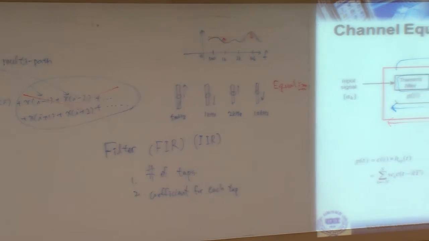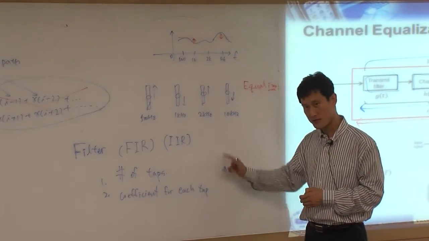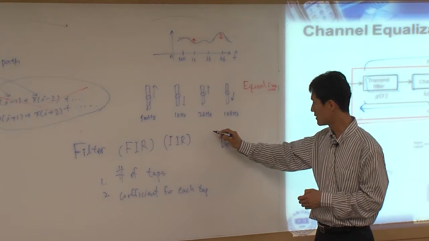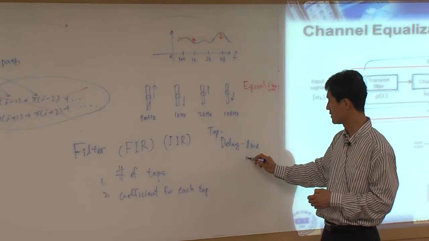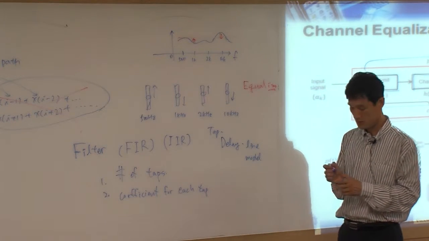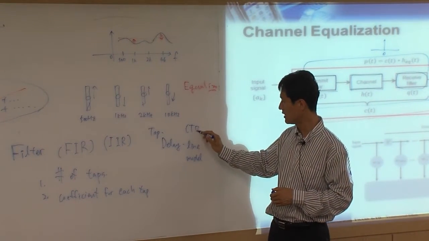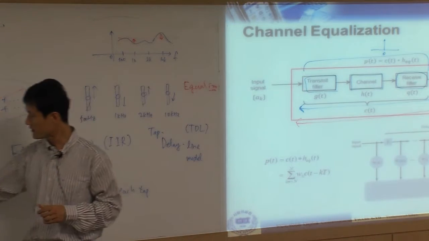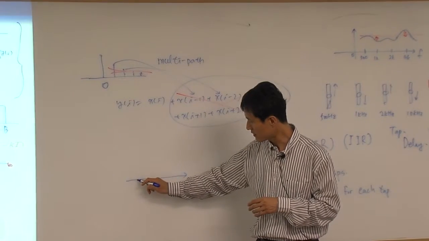So come back to here. Actually, the name of this model is the tap delay line model. Maybe in the DSP course you heard about this one. TDL, tap delay line. What that means is every filter is modeled with taps.